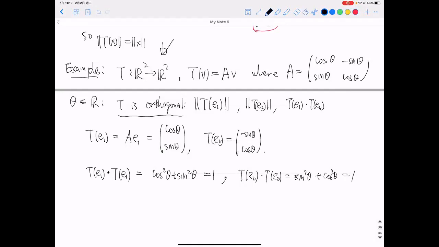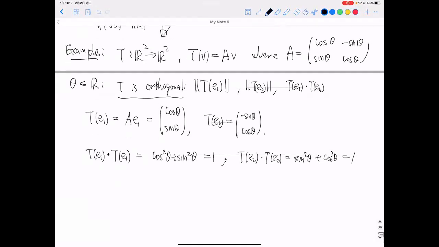Finally, T of E1 dot T of E2 is cosine theta times negative sine theta, plus sine theta times cosine theta, that's 0.